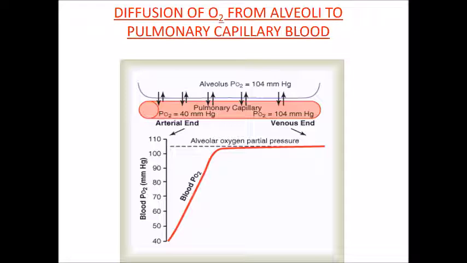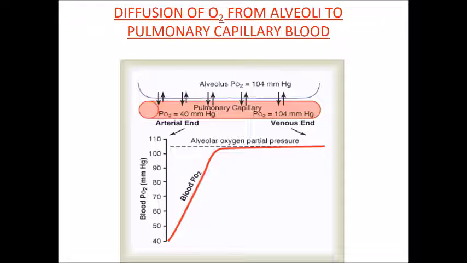In the last lecture, we discussed that alveolar partial pressure of oxygen is 104 mm of mercury, and the deoxygenated blood, meaning venous blood, which is entering the pulmonary capillary has a partial pressure of oxygen of 40 mm of mercury. So according to simple diffusion, oxygen will diffuse from high concentration to low concentration.